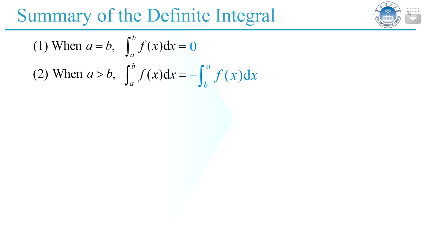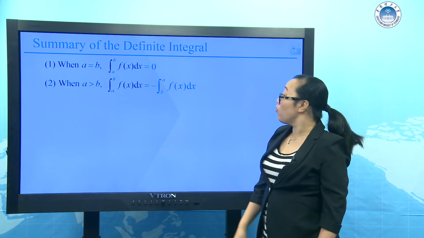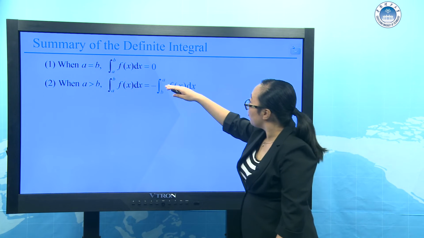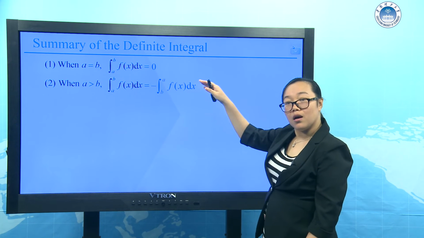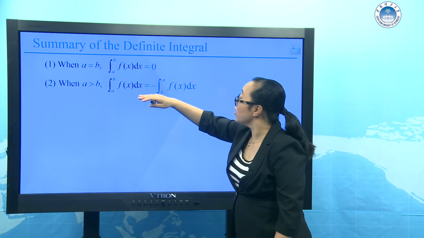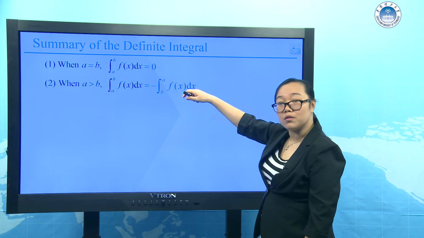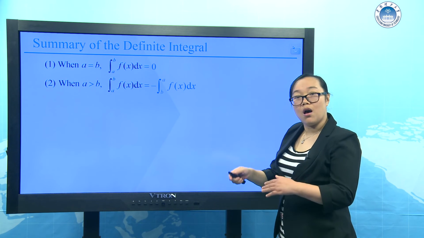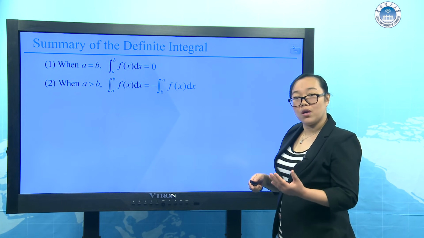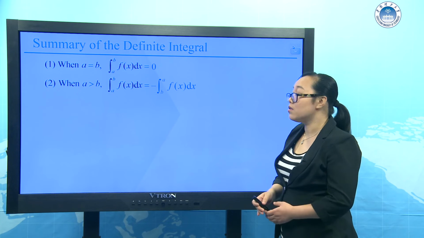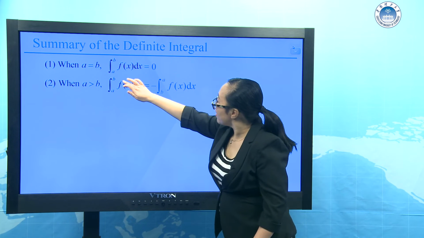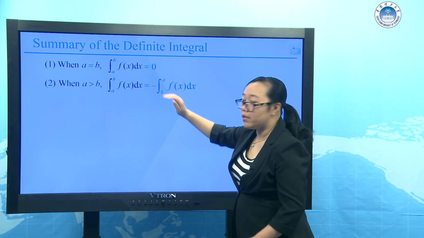Try to understand the formula using the limit property. From a to b and from b to a, they are corresponding. If the upper limit and the lower limit change order, then ab becomes ba with a minus.